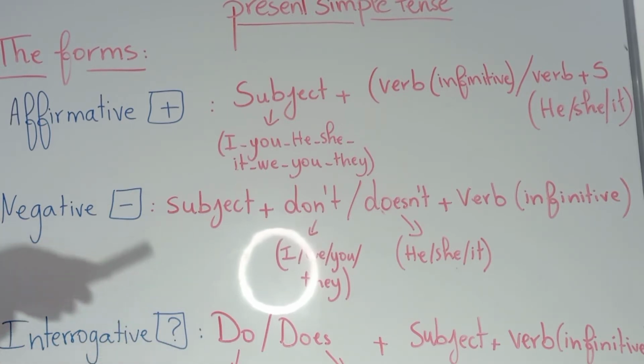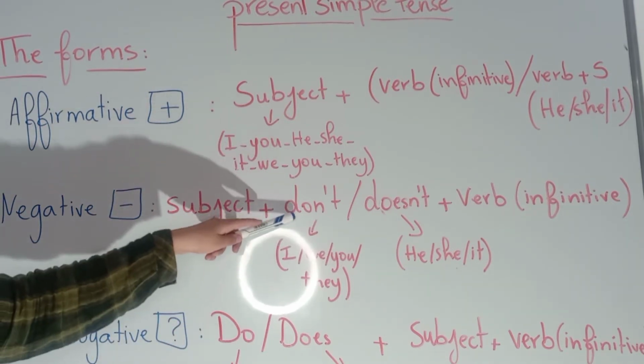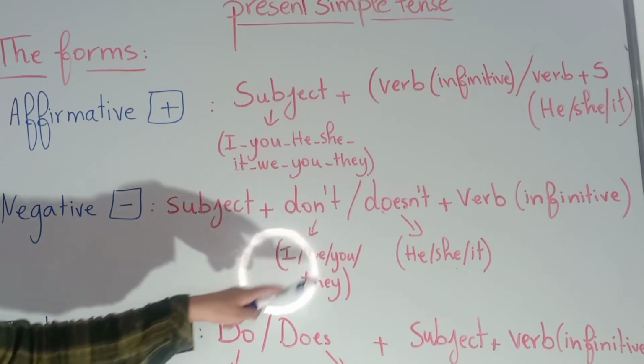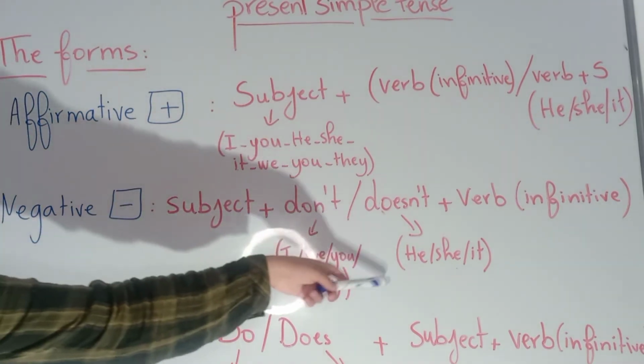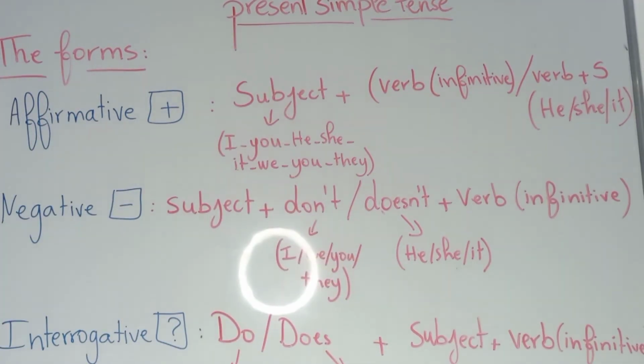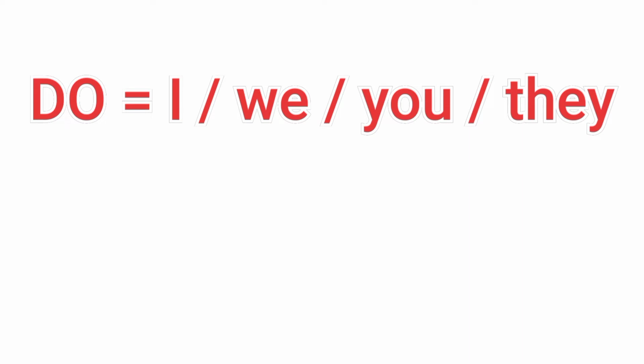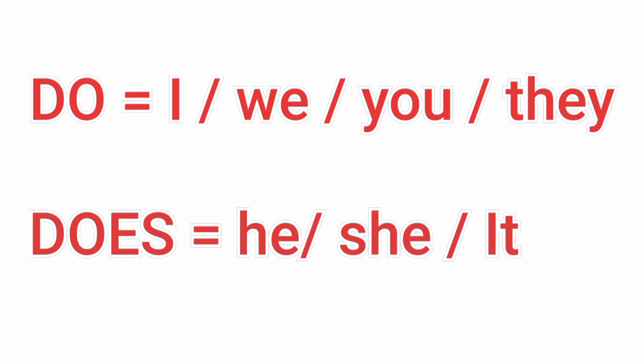And as I said before here, we use don't with I, we, you, they, and the same for doesn't. We use it for he, she, it. So we use do with I, we, you, they, and does with he, she, it.